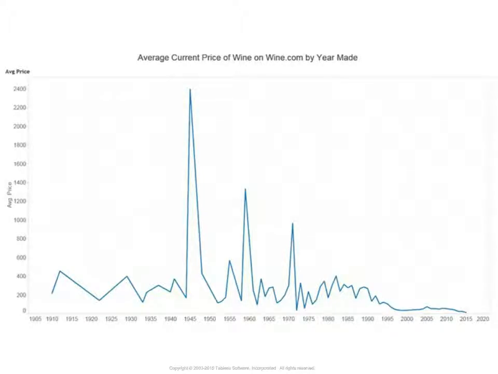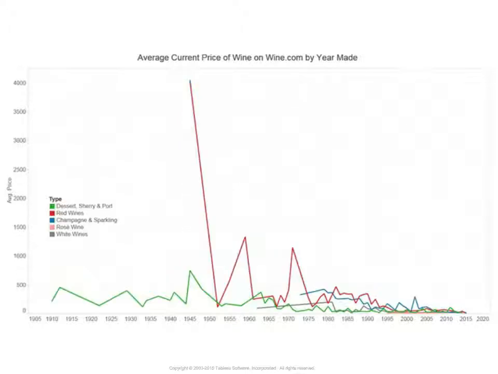And again, aggregation, in this case average, is hiding some information. And you can drill down now into different types of wine to understand what those spikes are. So the red line here shows that the red wines go back to 1950, and that the really old red wines are very expensive. And so that explains the spikes as well.